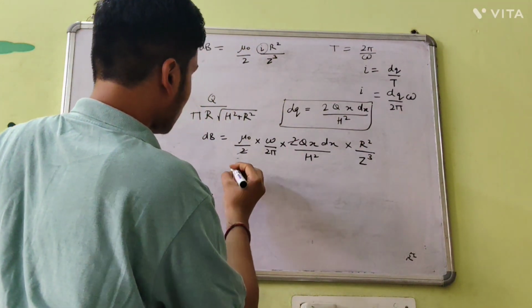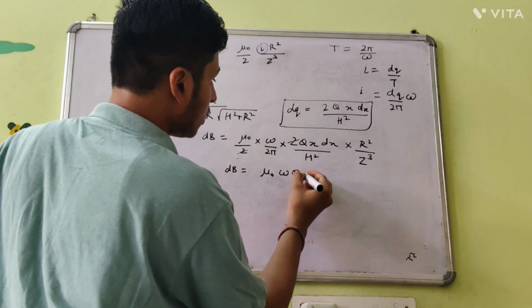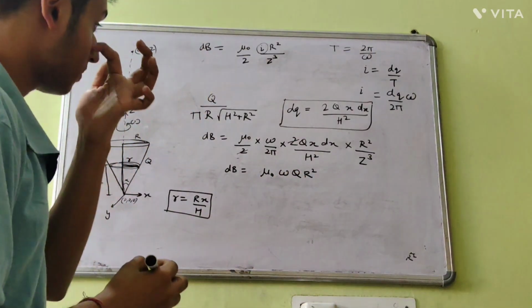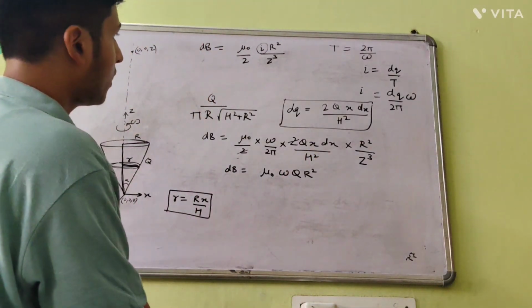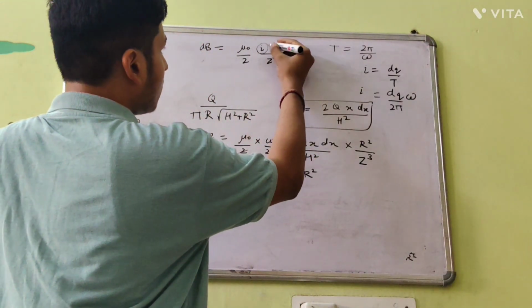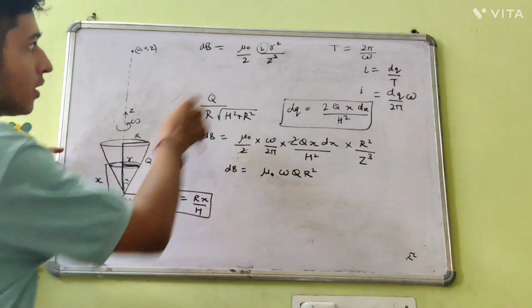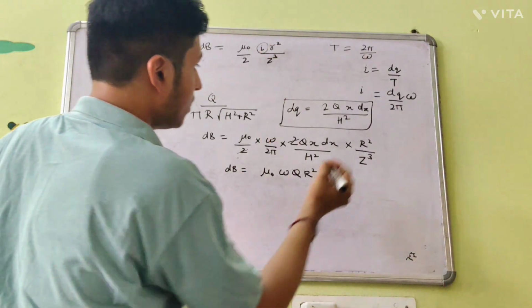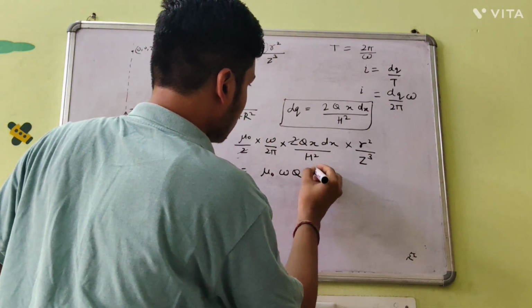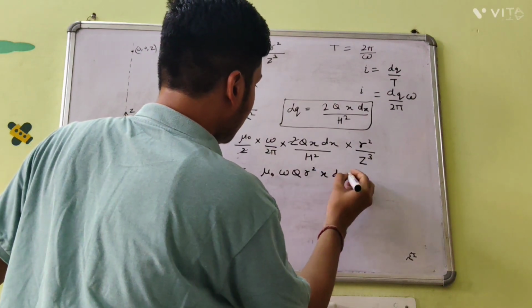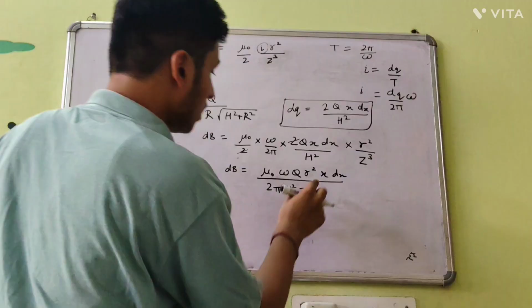So dB is mu naught omega q r square x dx over 2 pi h square z cube, and this is small r square, the radius of the small ring.